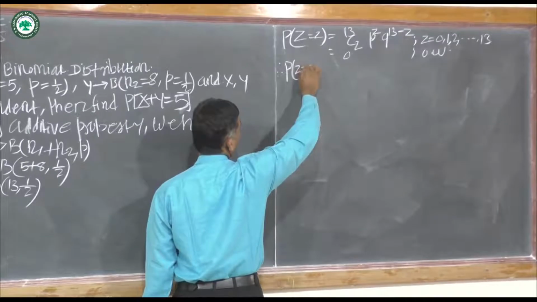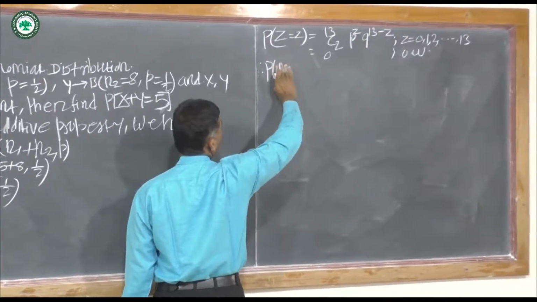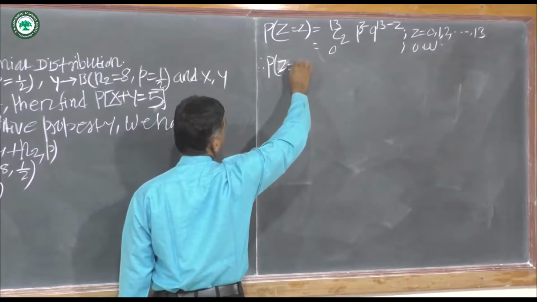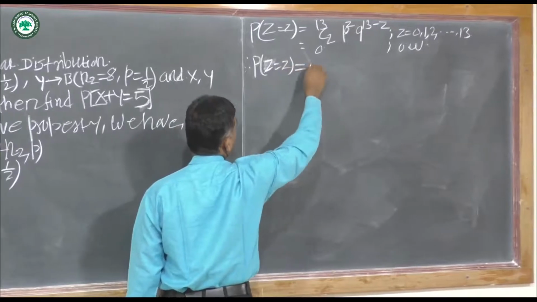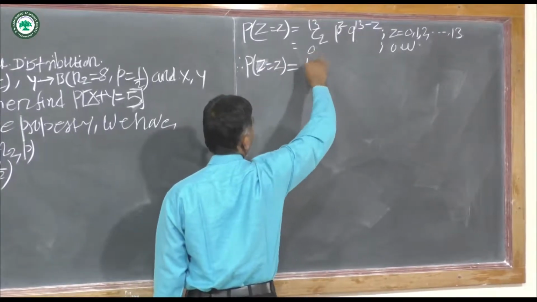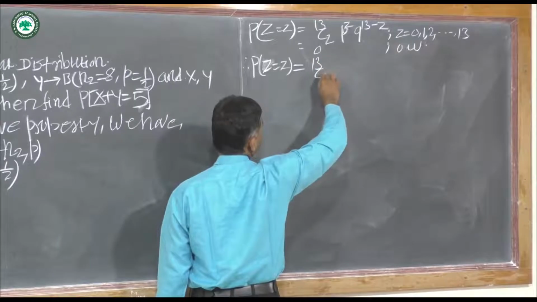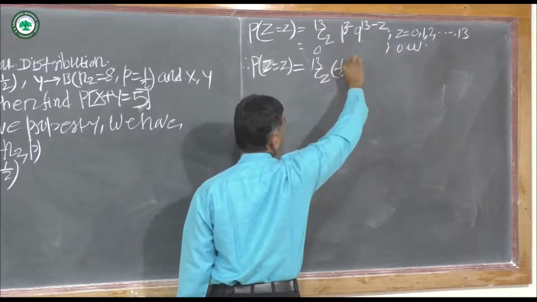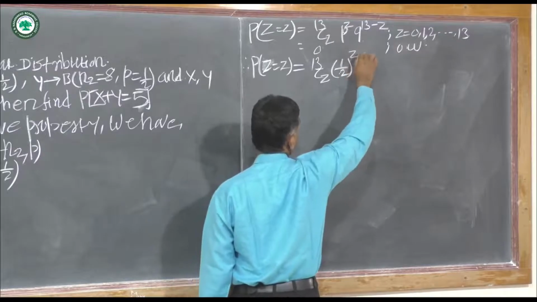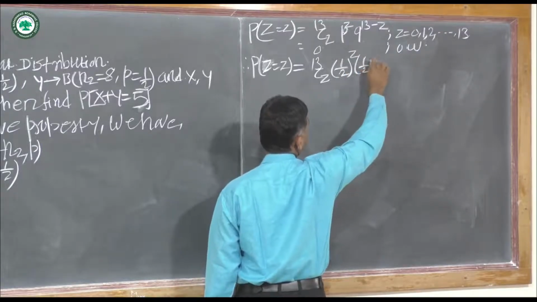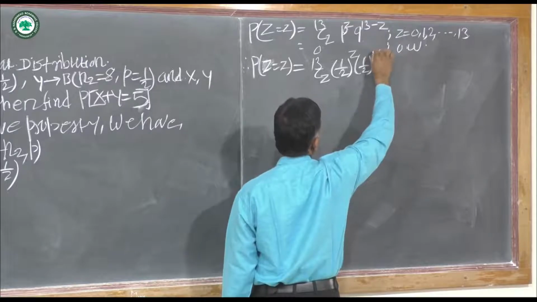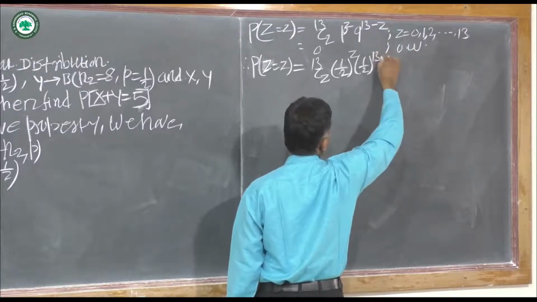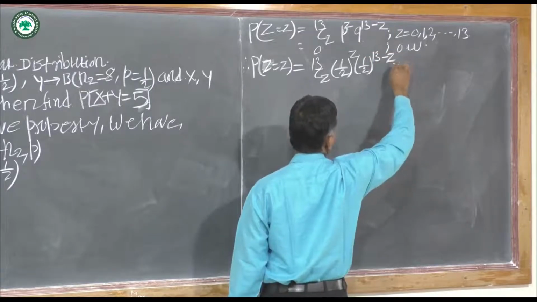Therefore probability of z equal to small z is equal to 13C z into 1/2 raised to z into q is equal to 1/2 raised to 13 minus z.